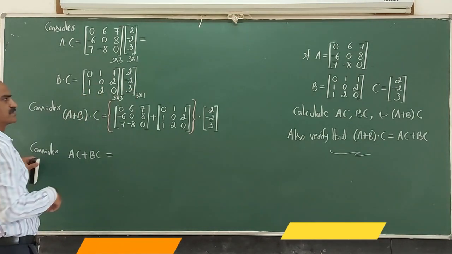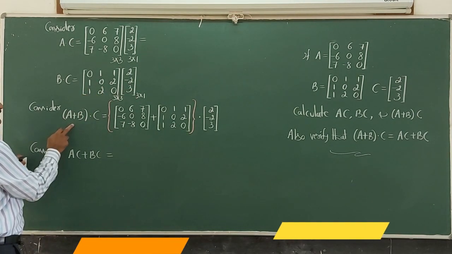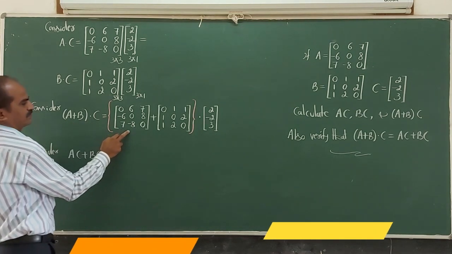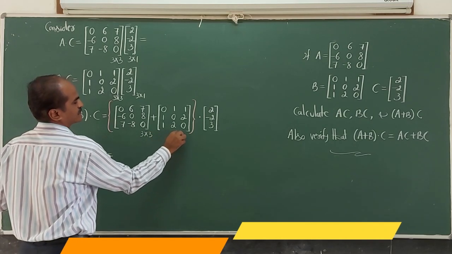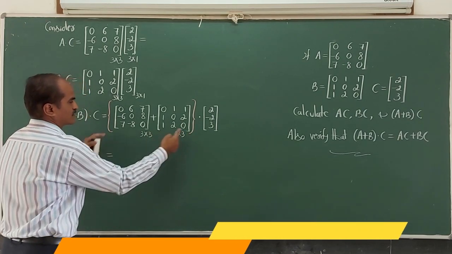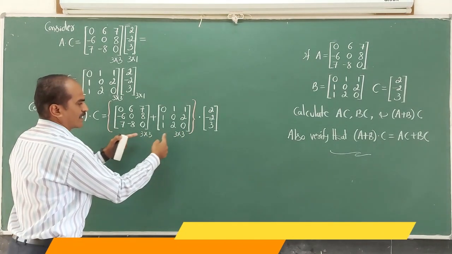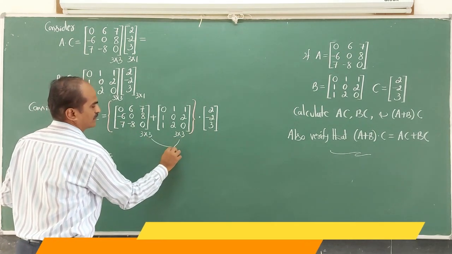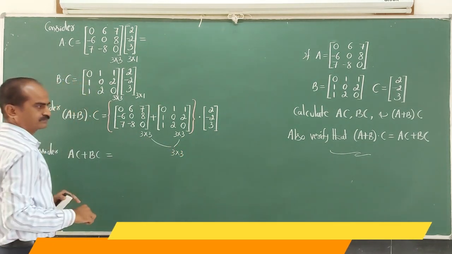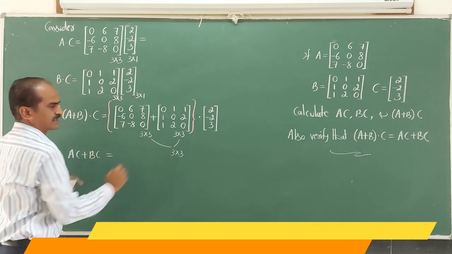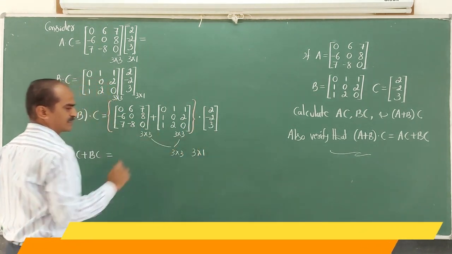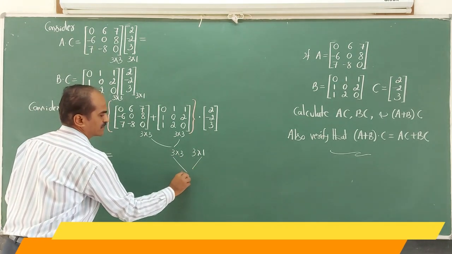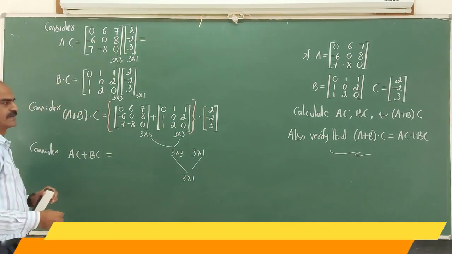Then (A plus B) into matrix C. This is A, this is B. A and B matrices are of the same order, so addition is defined. On adding these two, you end up with a 3 by 3 matrix. Then multiply with another matrix of order 3 by 1. On multiplying these two, you end up with a 3 by 1 matrix.